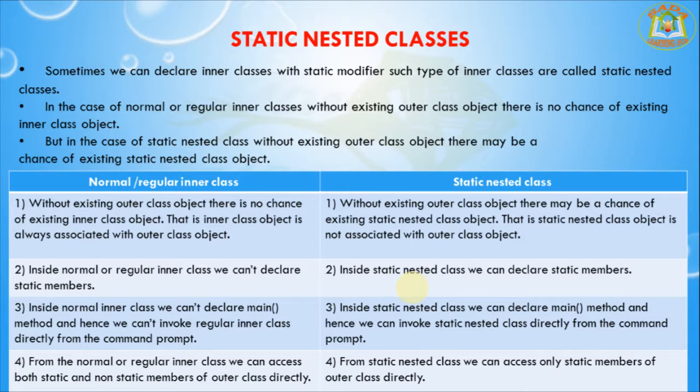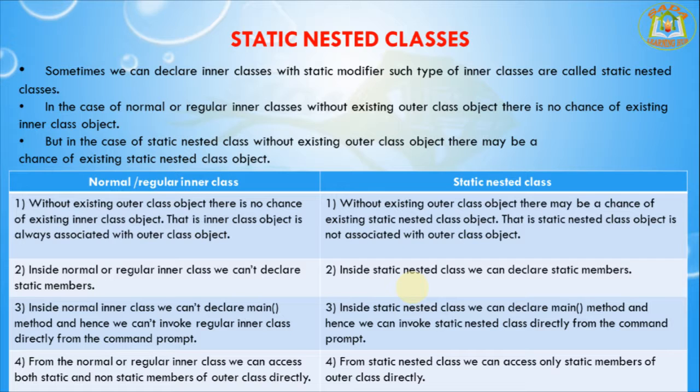Inside normal inner classes, we can't declare a main method, and hence we cannot invoke regular inner classes directly from the command prompt. Inside a static nested class, we can declare a main method, and hence we can invoke a static nested class directly from the command prompt.